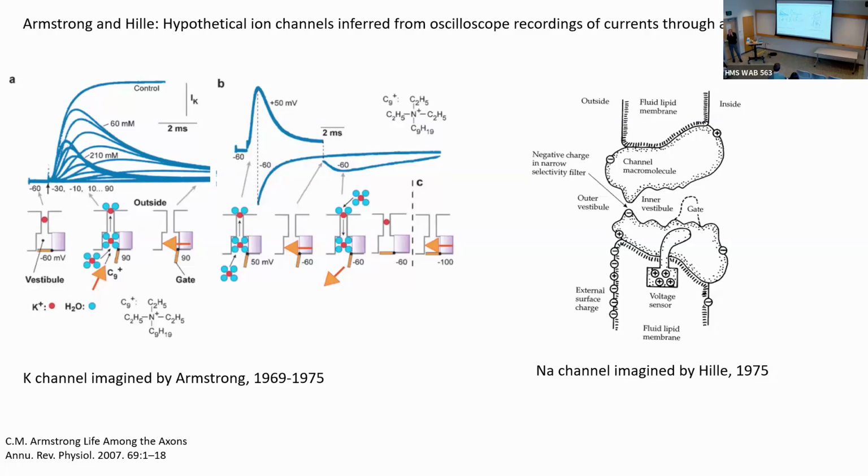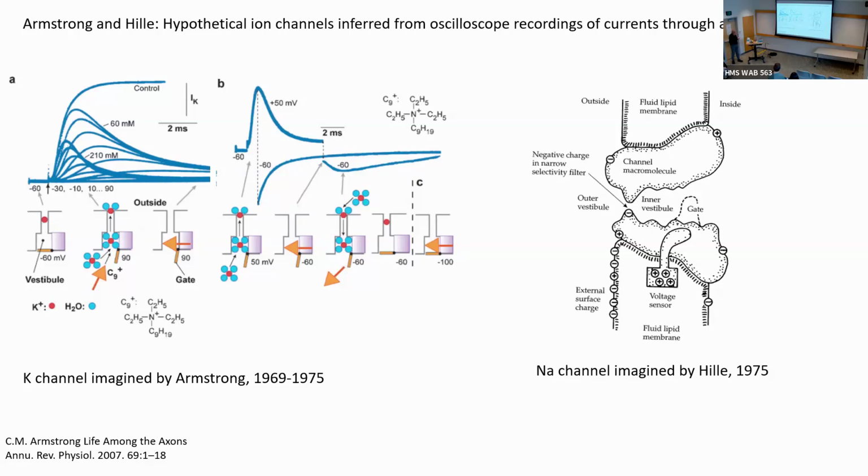And so they start to think about, well, this makes sense if you had a channel to do this, not a carrier. You could really explain this by a channel. And then he had the idea, and the reason he made this molecule was he was thinking, maybe I can make something that looks a little bit like a hydrated potassium ion, a similar size, but a little bigger, so that it won't go through the channel because it can't get dehydrated.